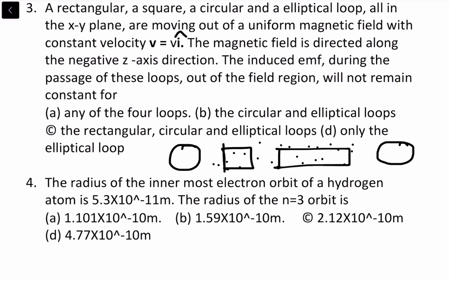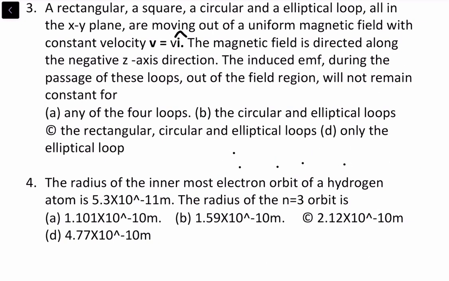In this case, for circular and elliptical loops, equal areas are not traced out in equal intervals of time. Therefore, the answer for this question is circular and elliptical loops.